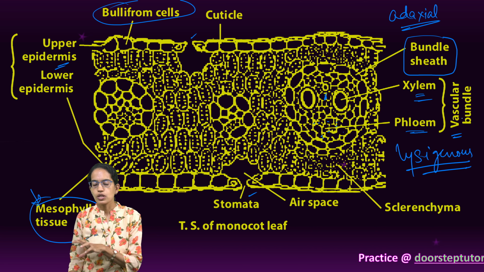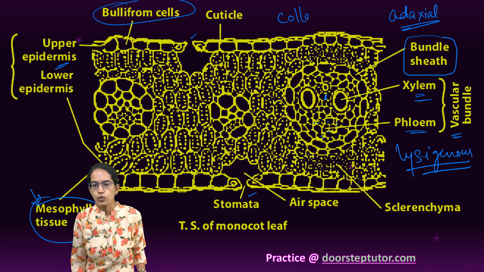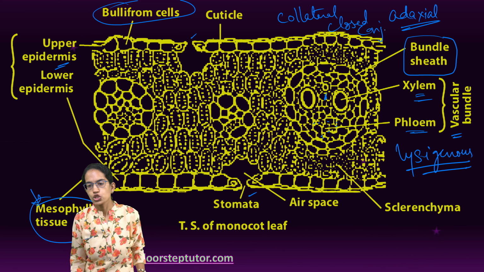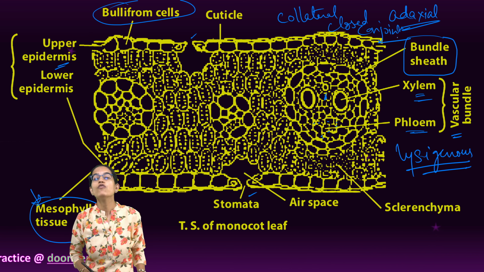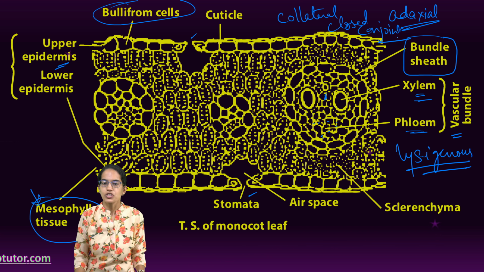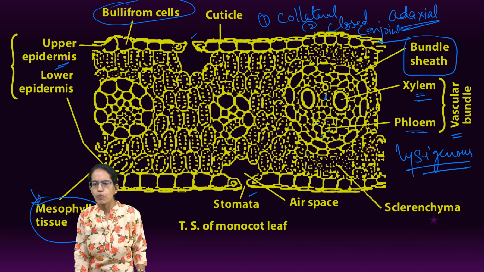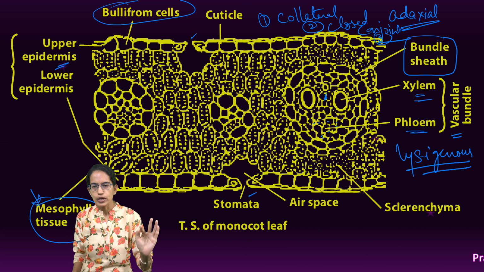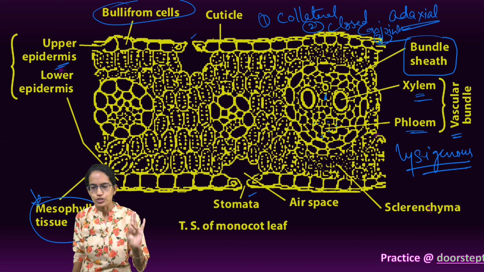Now these vascular bundles are what? They are collateral, closed and conjoint in the case of a monocot leaf. Three important characteristics, extremely important for your MCQ purpose. The vascular bundle is collateral, closed and conjoint.